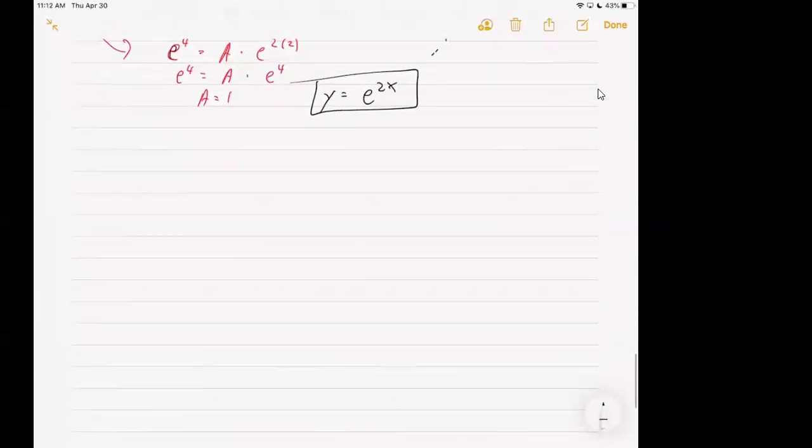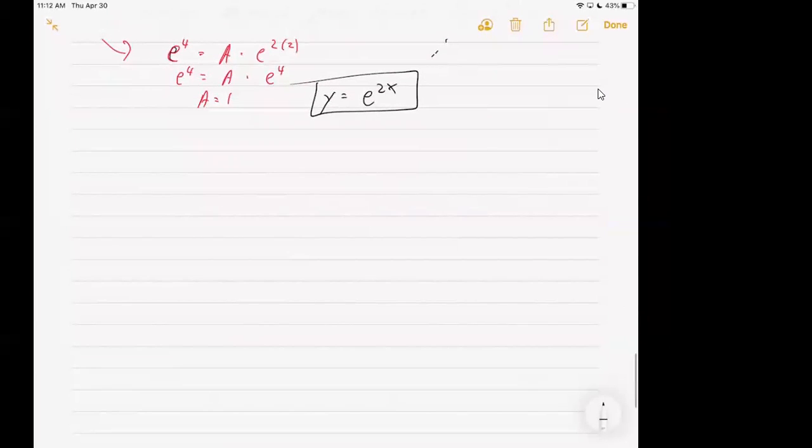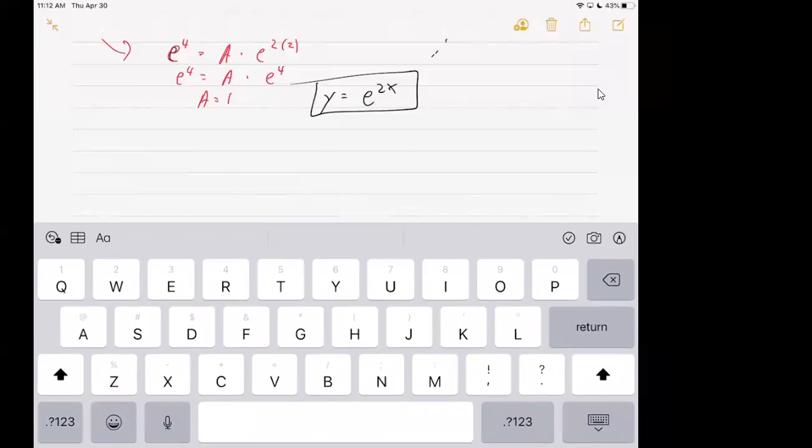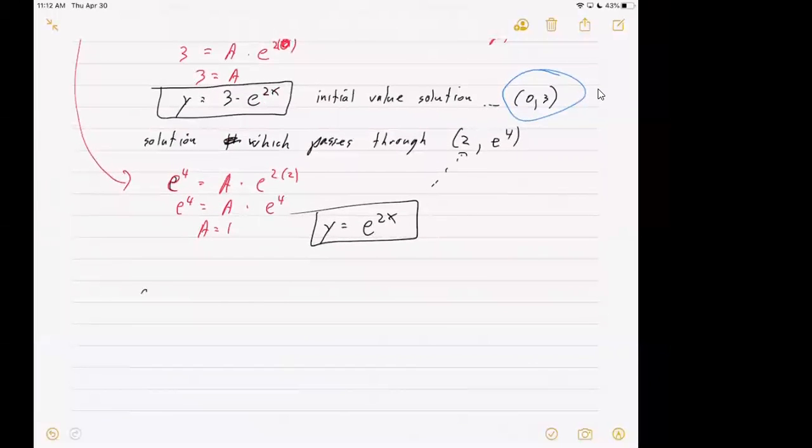Let's consider the initial value solution for our other differential equation that we've been working with, the cooling coffee equation: the derivative of temperature with respect to time is negative 0.05 (T minus 20).